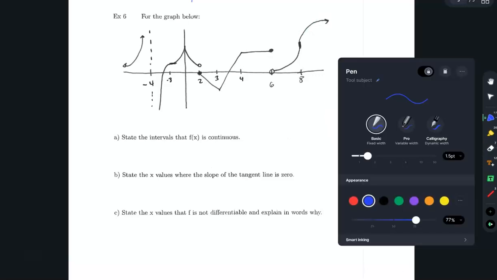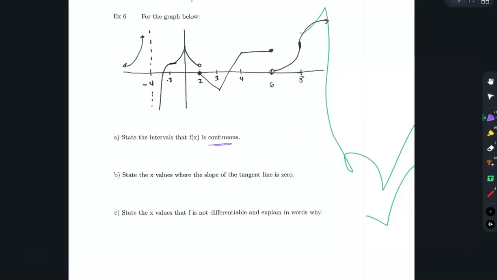Okay, so let's look at this graph here. So where is it continuous? So where can I draw it without lifting my pen? So there's going to be intervals. So I'm going to start back here at -infinity, and then I'll have to stop at -4 because that's where the asymptote is. And then I'll start back up at -4, and then I can go up to 2, but can't include 2.